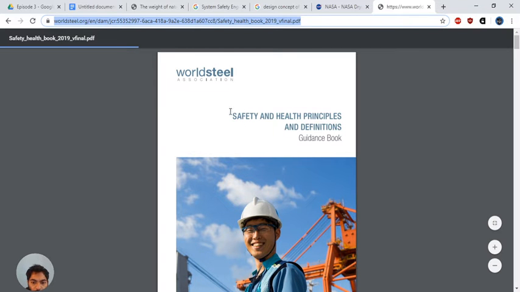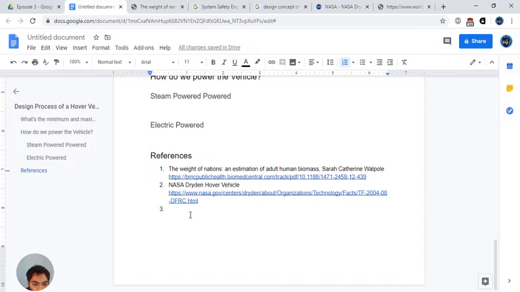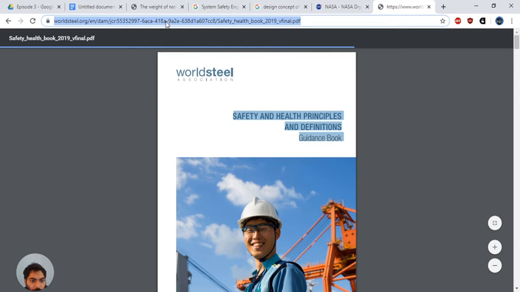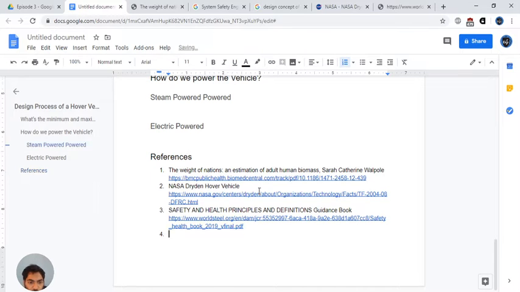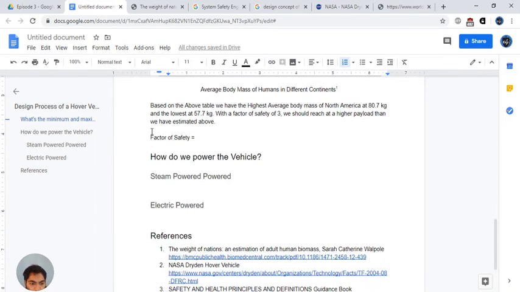Safety and health principles and definitions, guidance book. Trust me, if people are doing it in a different method, I want to know. Teach me how to do it right. Just don't let me go with my own method.